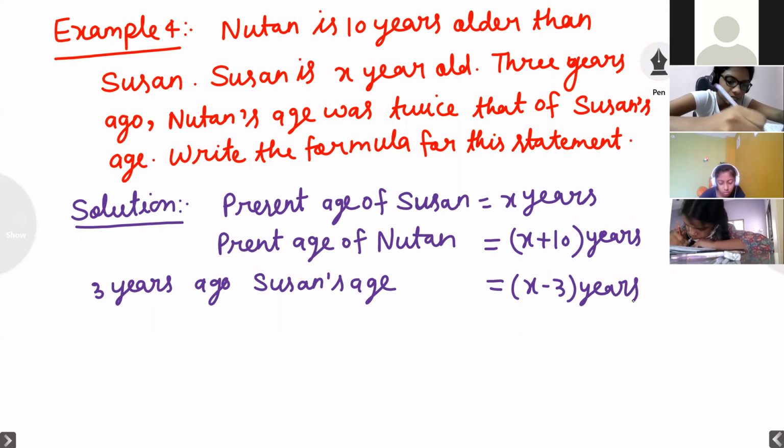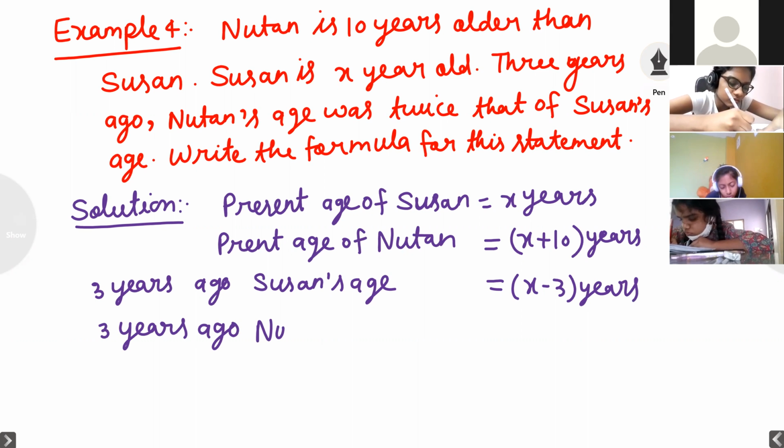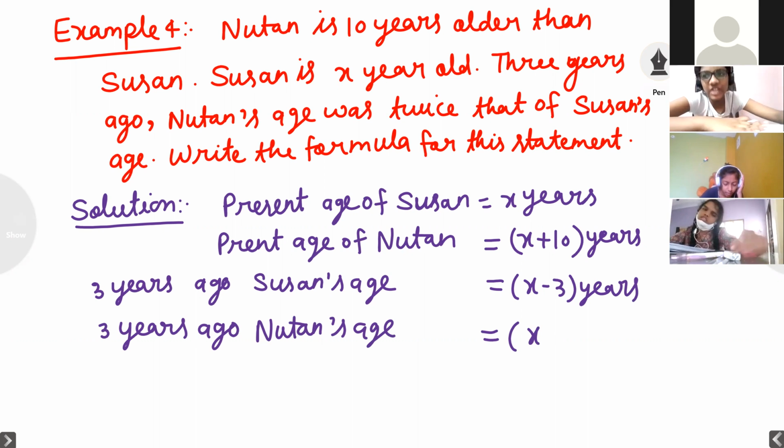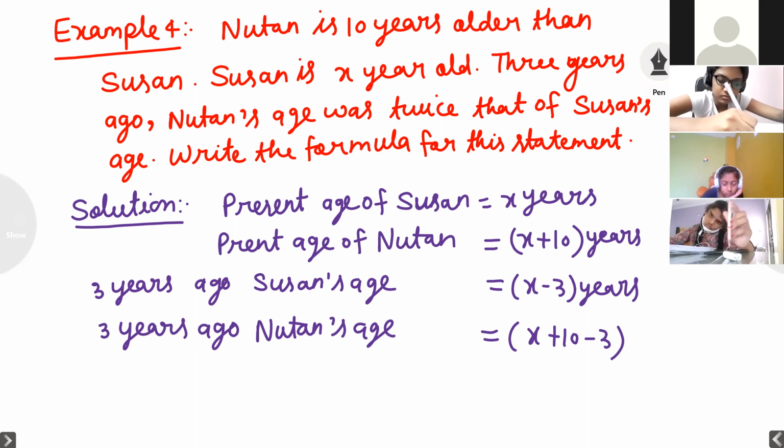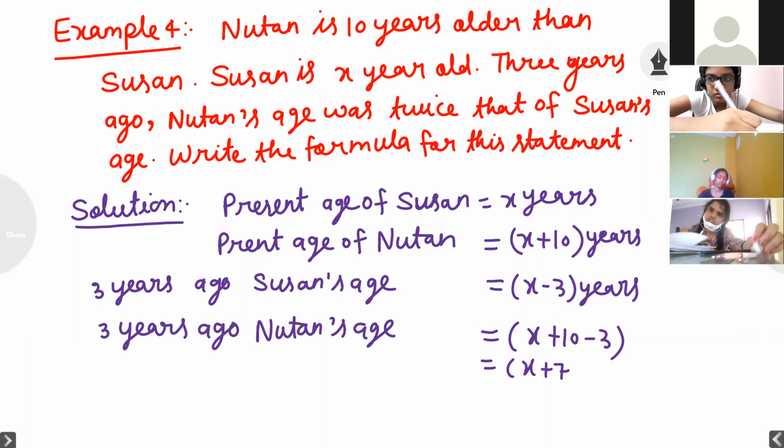Nutan's age is x plus 10 minus 3. Tell me students, x plus 10 was the present age and 3 years ago means minus 3. Both are unlike terms, so we do subtraction: 10 minus 3 is equal to 7. After subtraction, I check which value is greater, and keep its sign. Plus 10 is greater, so plus 7. Nutan's age is x plus 7 years.